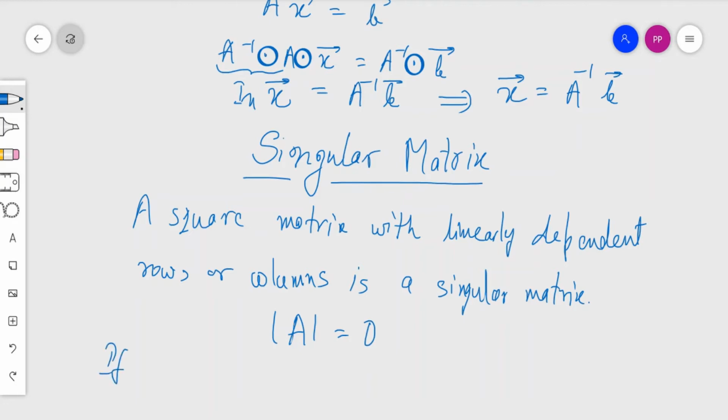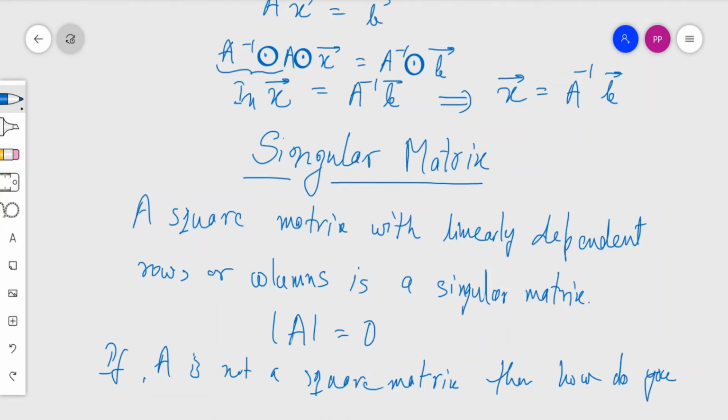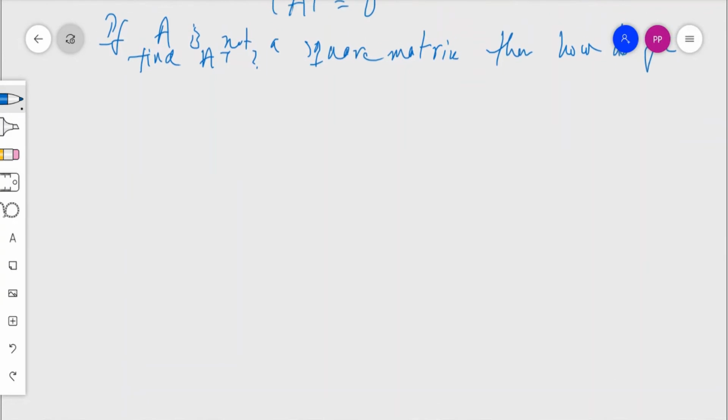If A is not a square matrix, then how do you find A inverse? So keep a thought upon it, then we shall discuss it a little later, maybe in the next class.